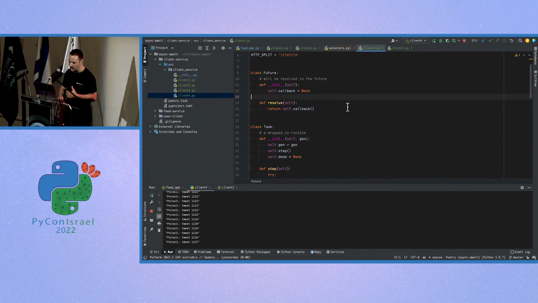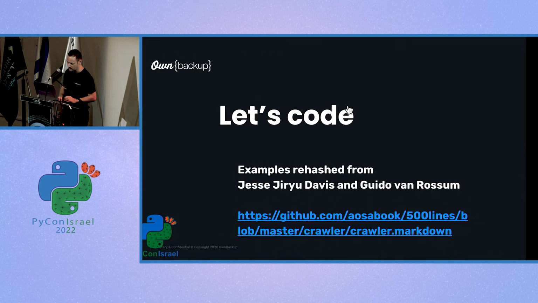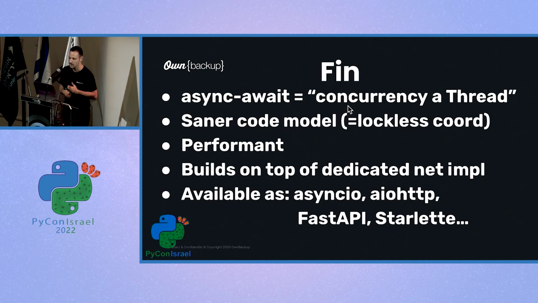So to wrap this up, I know this is a very technical talk, and it's really hard to grasp the whole async-await framework in 20 minutes, but we do have a few takeaways, and here they are. Async and await is basically concurrency in a single thread.